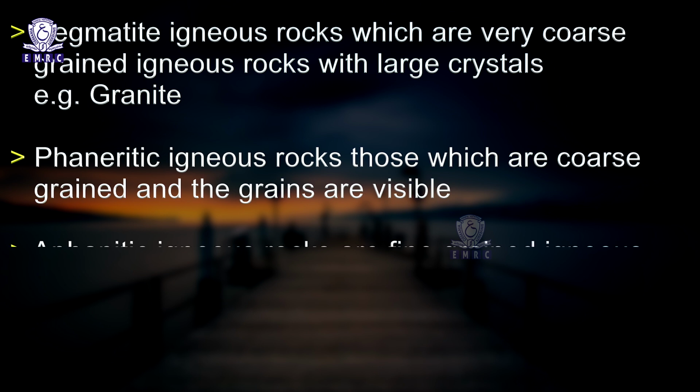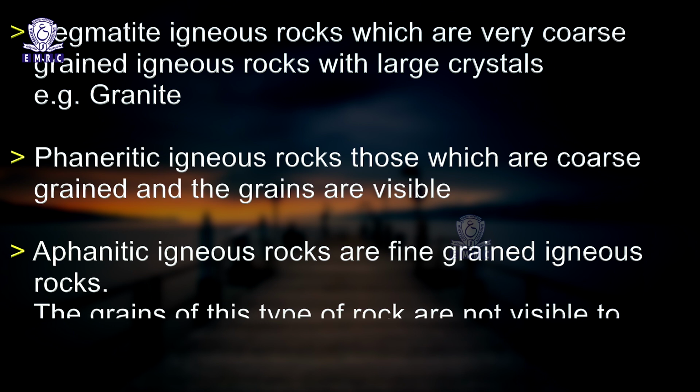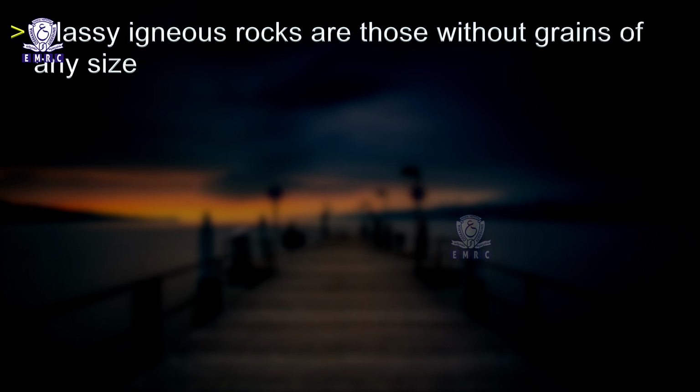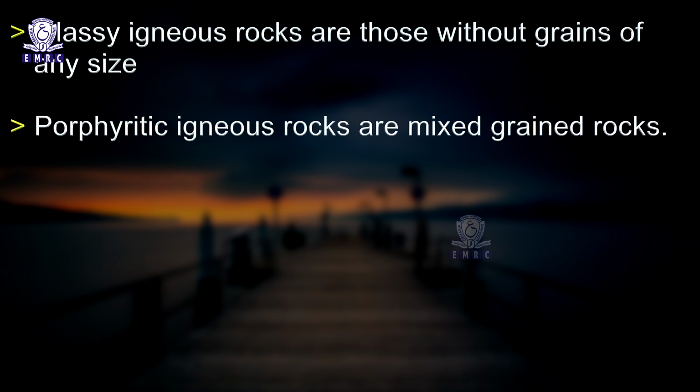Aphanitic igneous rocks are fine-grained igneous rocks. The grains of this type of rock are not visible to the naked eye. Glassy igneous rocks are those without grains of any size. Porphyritic igneous rocks are mixed grain rocks.